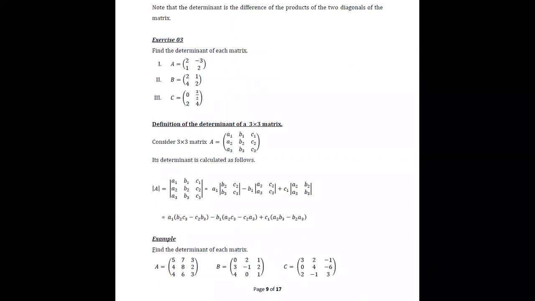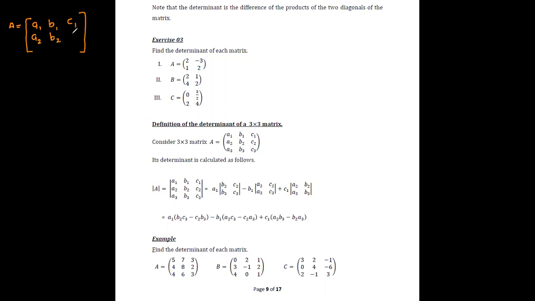Now suppose a 3 by 3 matrix A is given as A1, B1 and C1, A2, B2 with C2, A3, B3 with C3.